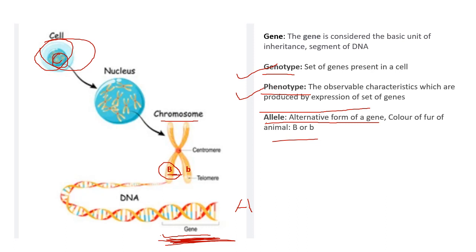The second allele, or second alternative form, I inherited from my other parent. Suppose this I inherited from my father. So for a specific trait, the allele will also be present at the same place on the other arm. So these are equal positions. One is from father and one is from mother.